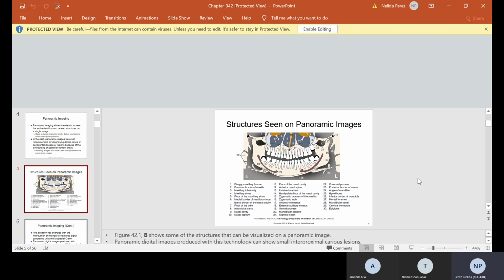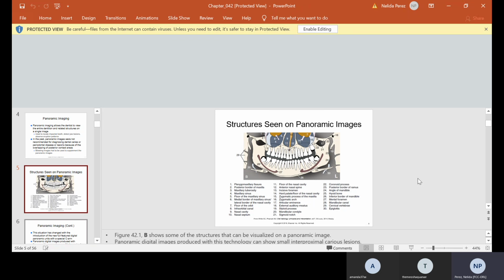Okay, structures seen on panoramic images. I showed you the main things that we wanted to see, which was impacted teeth, the jaw, TMJ, sinuses. But if you look at figure 42.1 in your book, you can go into more detail of everything from the mandibular condyle to the styloid process to the nasal cavity. There are so many other things you can look at. It's best that you take your time, because that is a lesson you would have to go over and over.